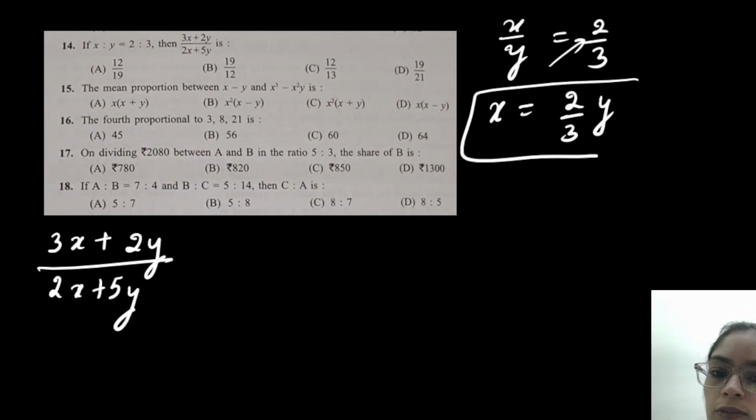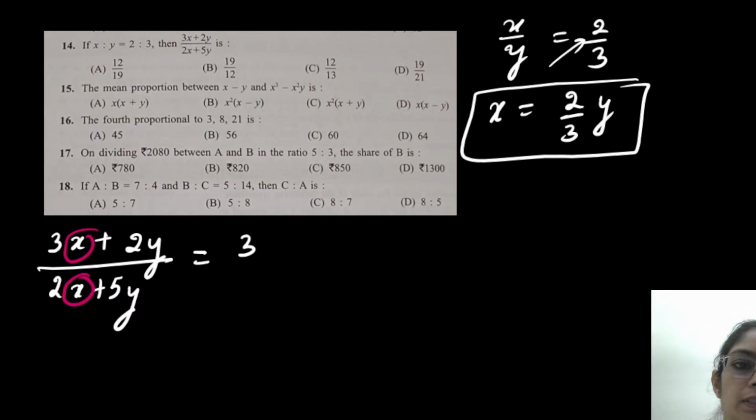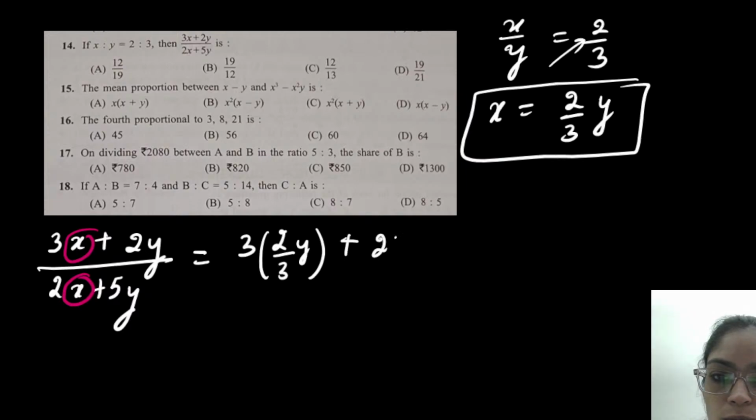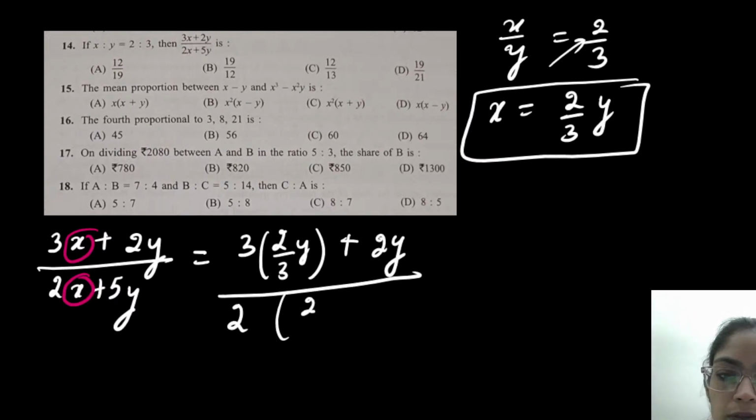So normally now this way only we are doing. So what is the value of x? We have got 2 by 3 y. Now 3x, so here in place of x, we will just substitute its value. So 3 into x, x is 2 by 3 y, plus 2y, by, again 2, x value is 2 by 3 y, plus 5y.